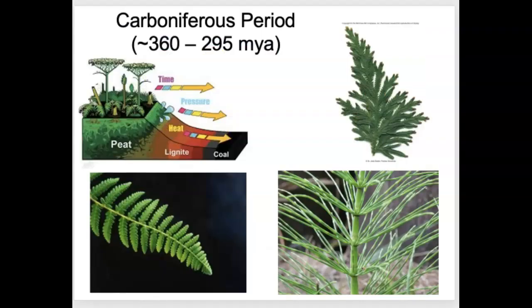Ferns have been around long enough to also be part of the fossil fuel we use today. Back in geological history, there is a window of time called the Carboniferous period, roughly about 295 million years ago to about 360 million years ago. These three groups, ferns, club mosses, and the horsetails, all evolved during that time period.